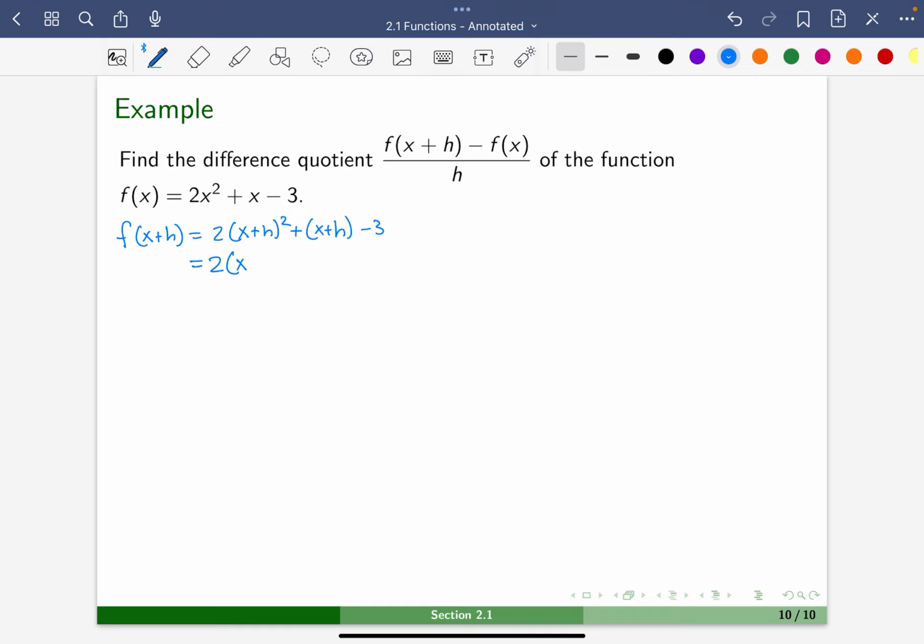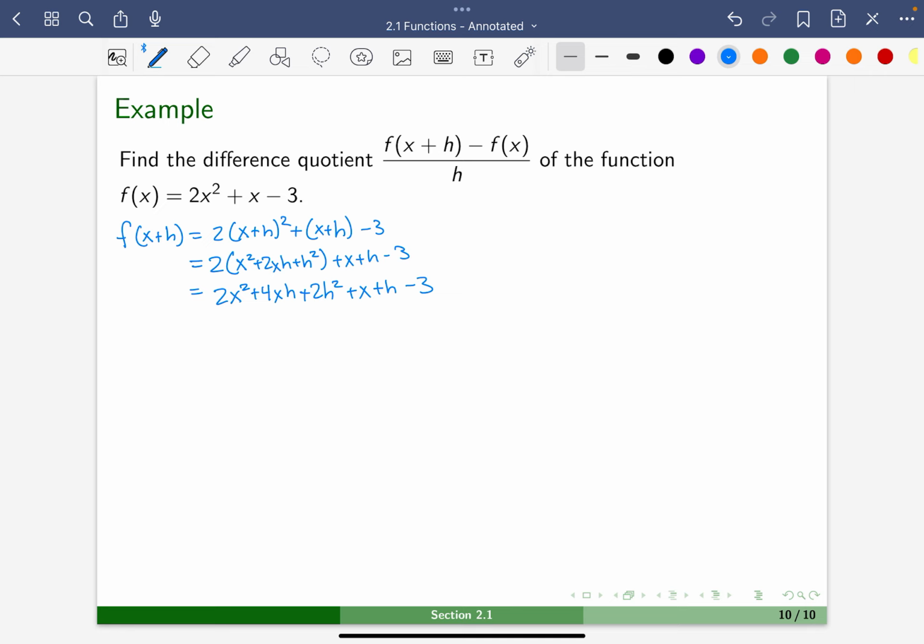When you FOIL that out, it's x squared plus 2xh plus h squared. Distribute the 2, so we have 2x squared plus 4xh plus 2h squared plus x plus h minus 3. So that's f of x plus h.